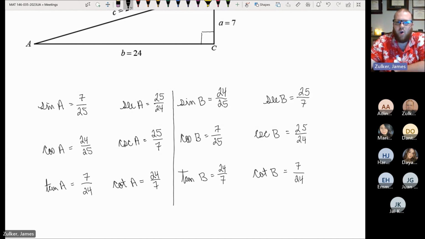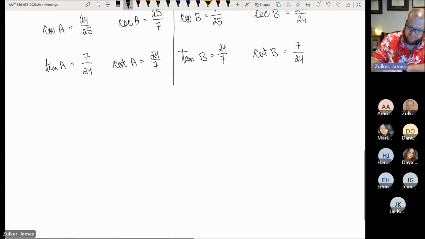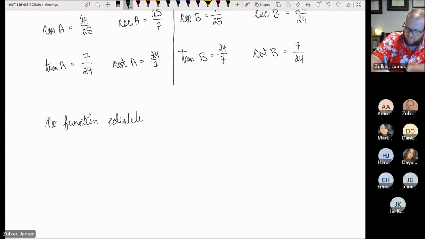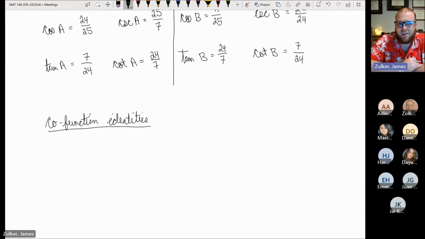These are known as the co-function identities. Typically, you only see 3 of them written out.